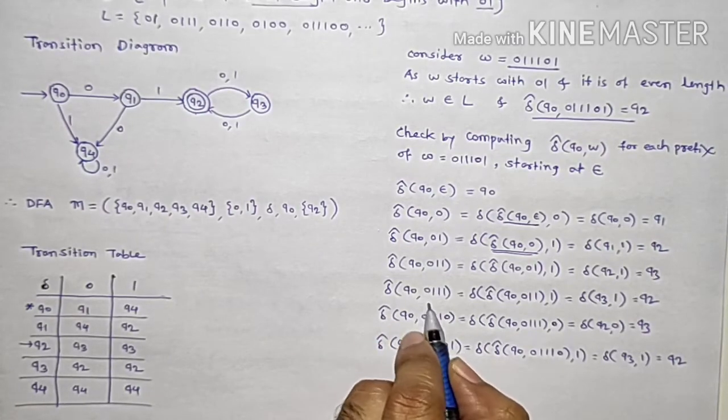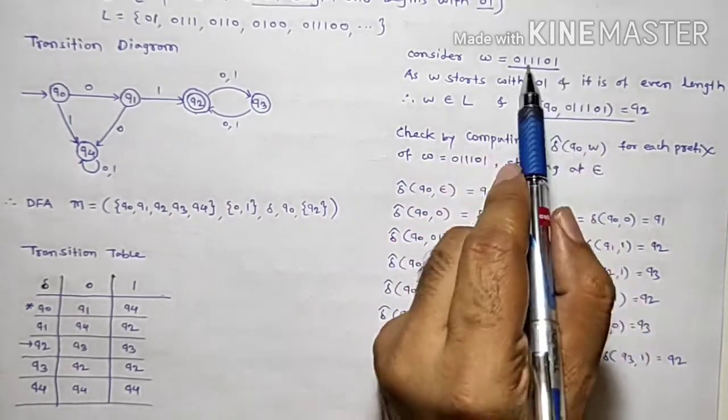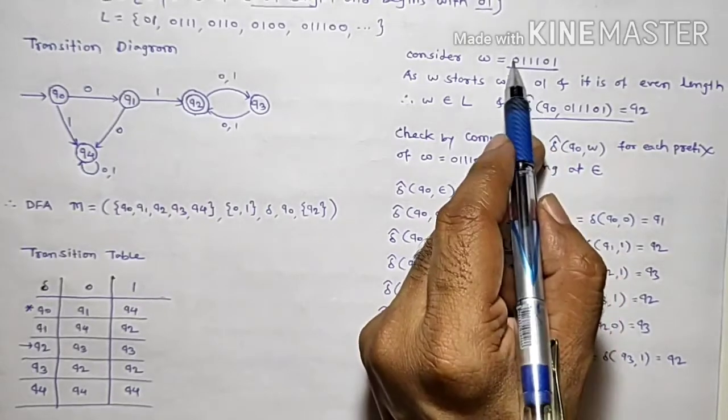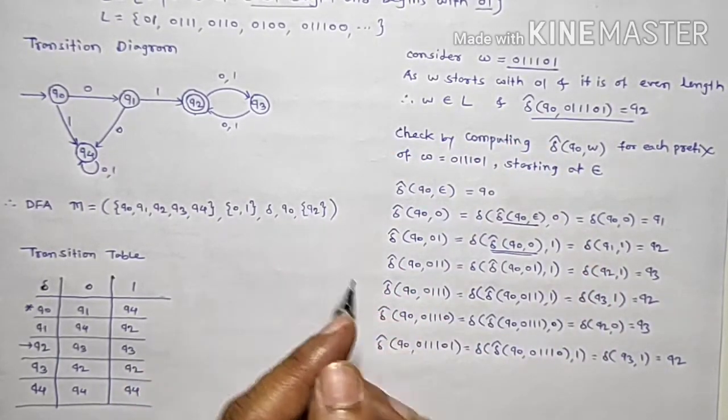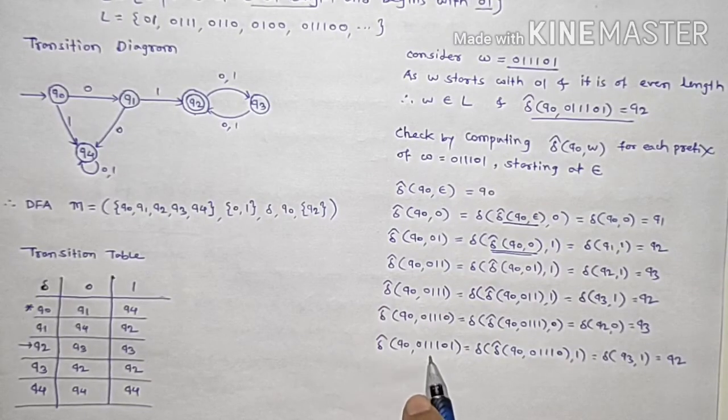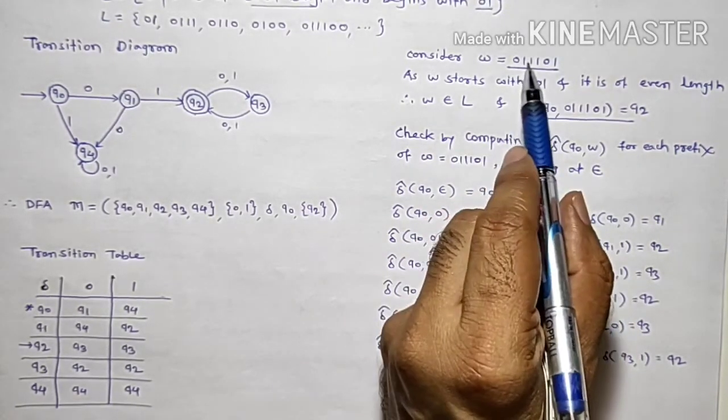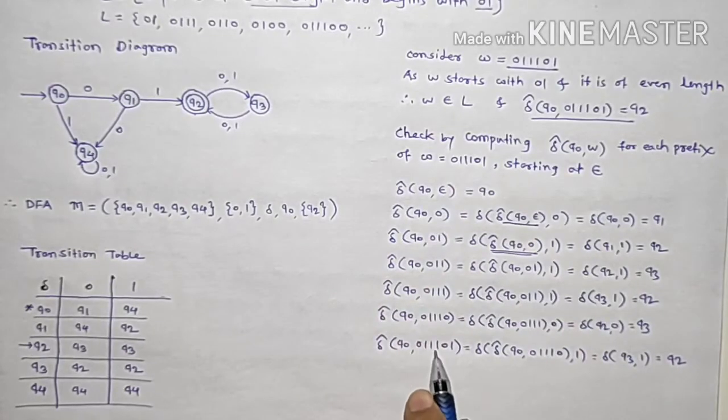Now further again increment the value of the prefix of the string. After 0 1 1, it becomes 0 1 1 1, like this. So in this way finally we have the given string. We have to consider the same string because each string is a prefix of itself. So 0 1 1 1 0 1, where x corresponds to 0, 1, 1, 1, 0 and a corresponds to 1.